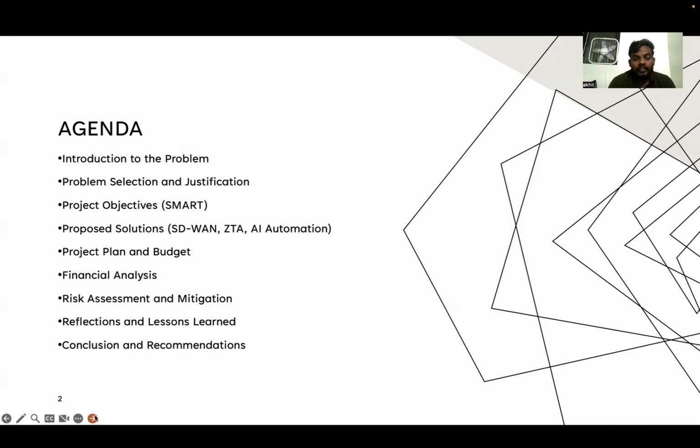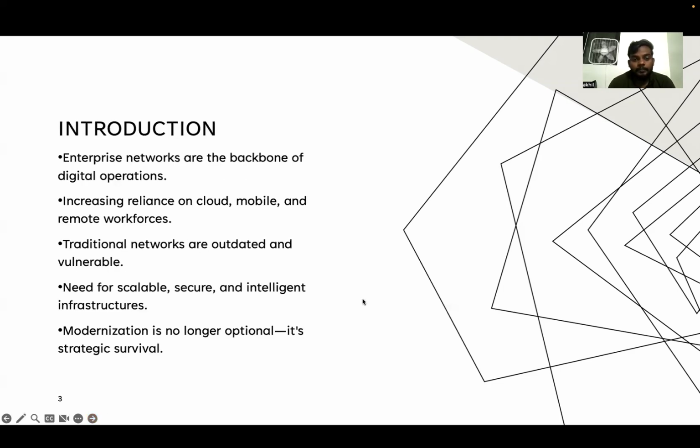Coming to the introduction, enterprise networks today are more critical than ever as businesses migrate to cloud environments, adopt remote and hybrid work models, and manage growing cybersecurity threats. Legacy networks can no longer keep up. These older systems are rigid, expensive, difficult to scale, and prone to security vulnerabilities.